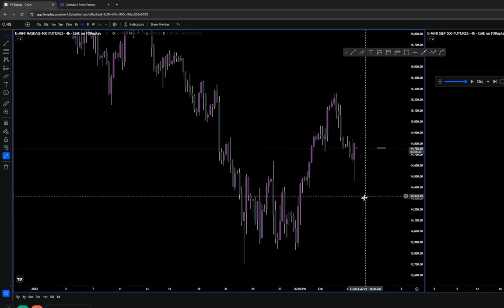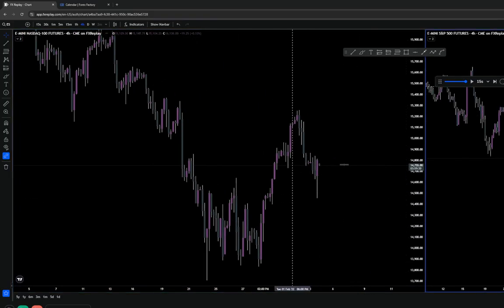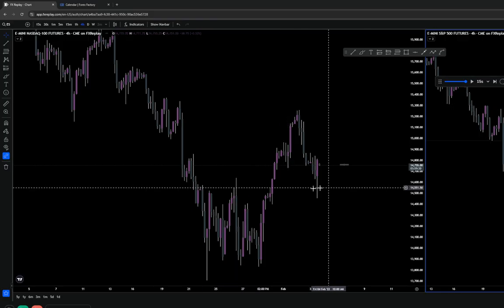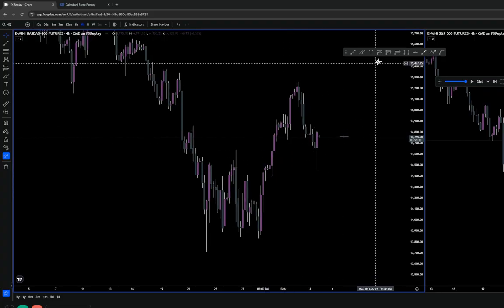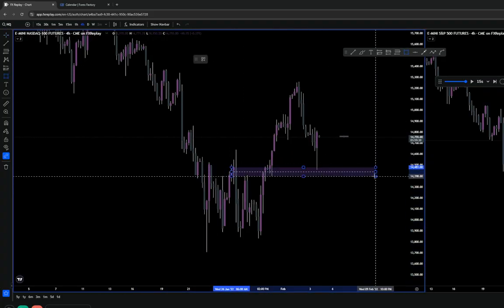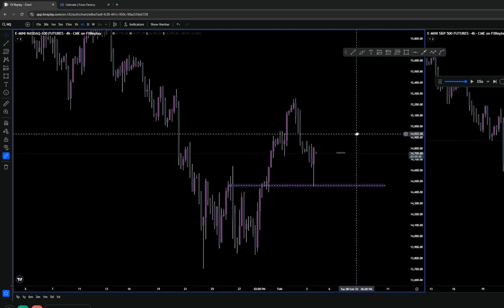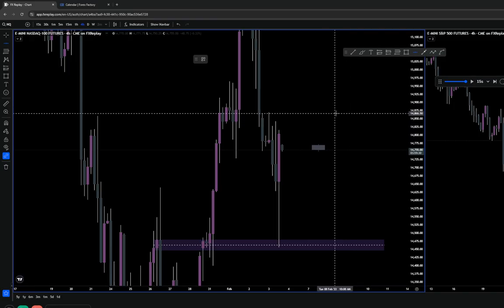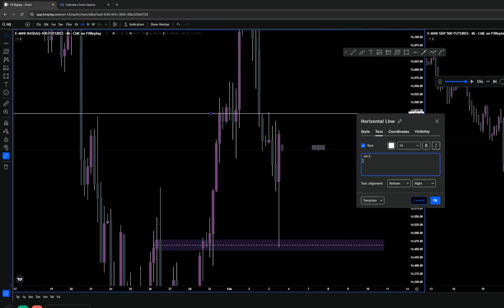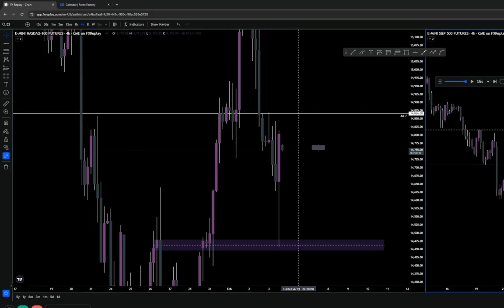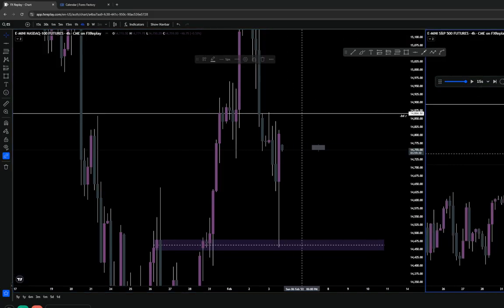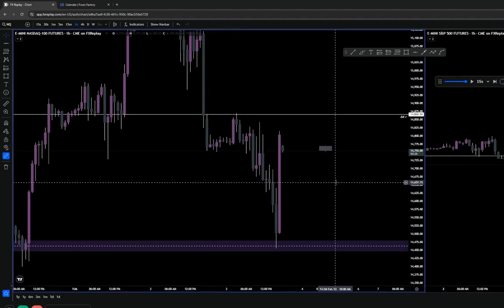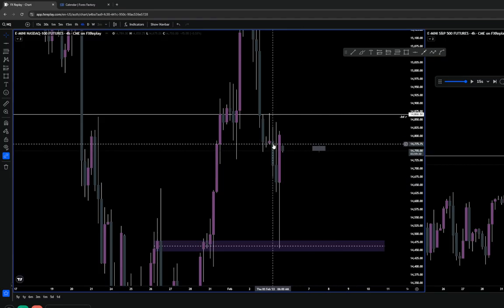Alright, so it looks like we could just keep dumping then. Did just tap this breaker. Did react off there. Bearish 4-hour rebounds here. Inverse the OB on the 4-hour.